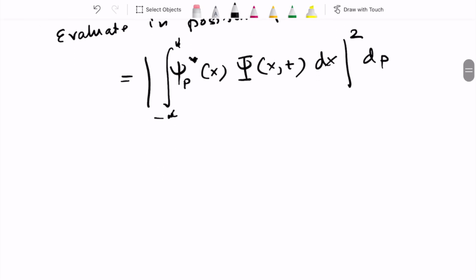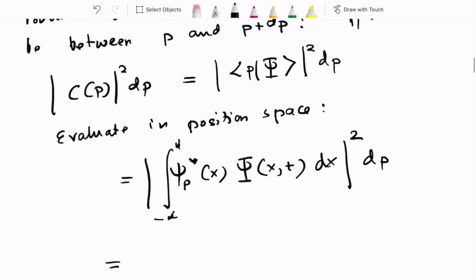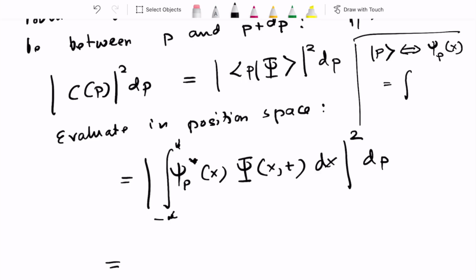All right. So what is this going to be? We know what the psi_p of x is. The eigenstate p in position space is represented by psi_p of x, which is, we worked it out, 1 over square root of 2 pi h bar times e to the power of i p over h bar x.